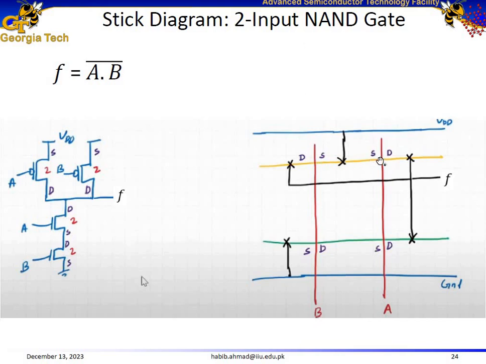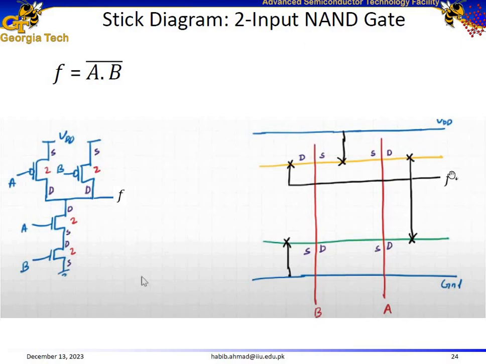So the sources of A and B are connected together and then make a connection of these two to the supply voltage. Similarly, the drains of A and B are connected together and connected to the output as well. Label this side as the drain of B, this side as the drain of A. They are connected together and connected to the output as well.